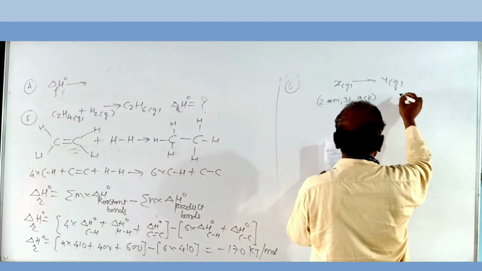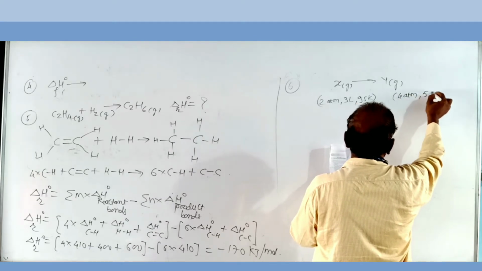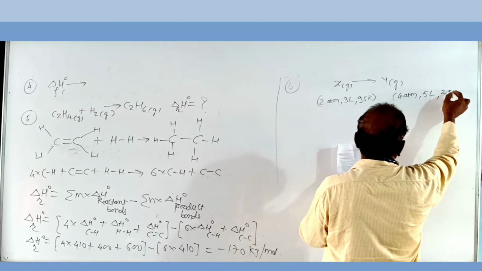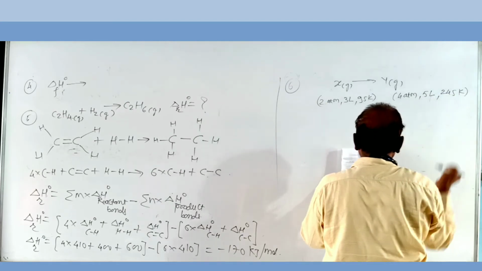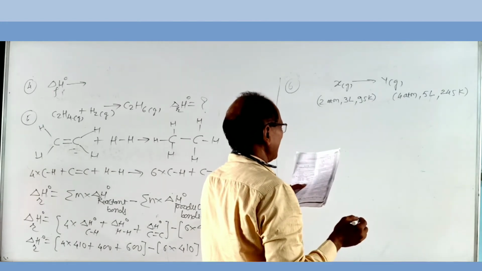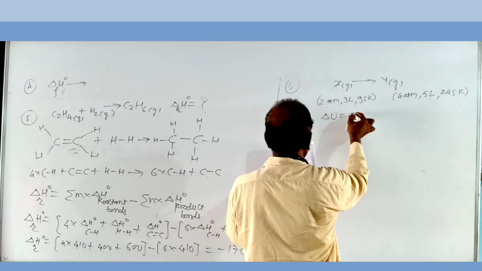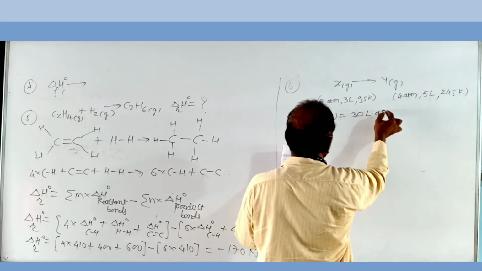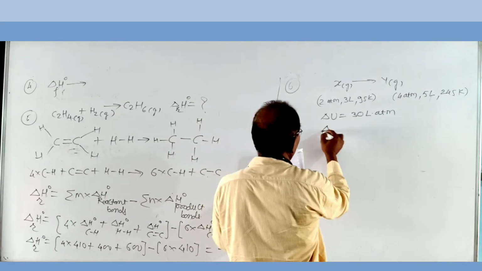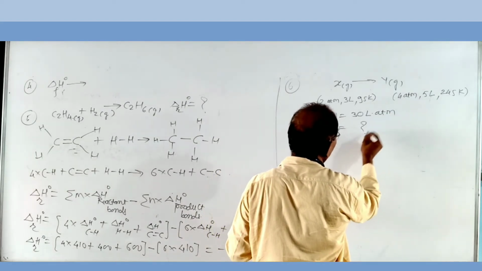Final state: 4 atm pressure, 5 liter volume and 245 Kelvin temperature, with a change in internal energy delta U equal to 30 liter atm. The change in enthalpy delta H is equal to how much?